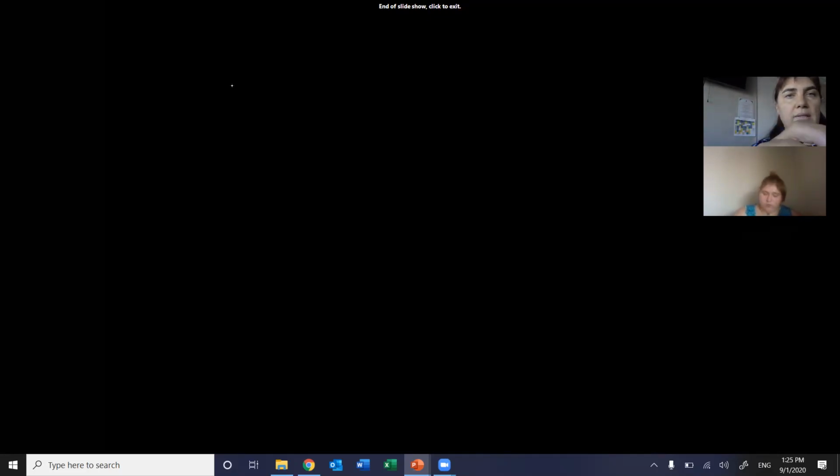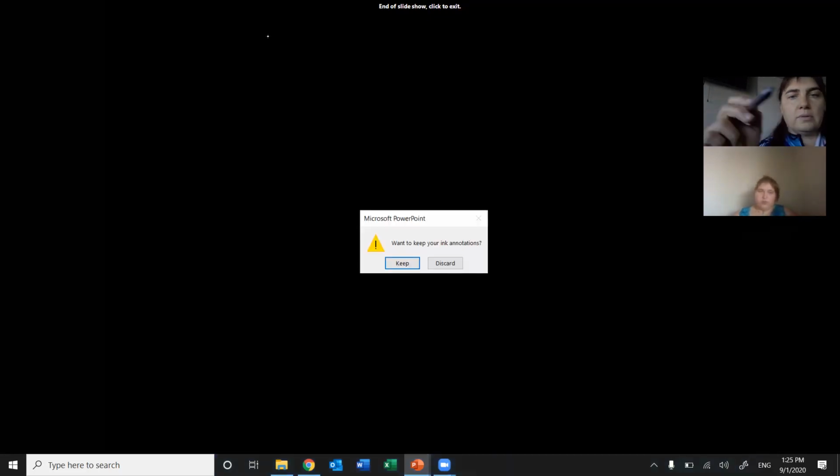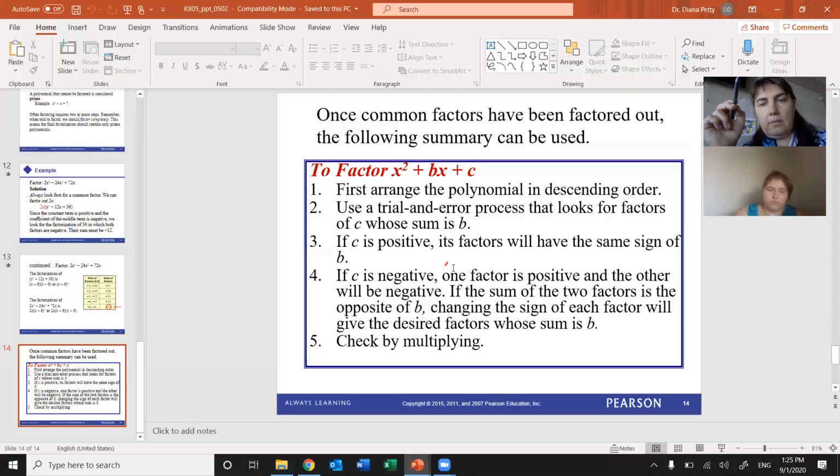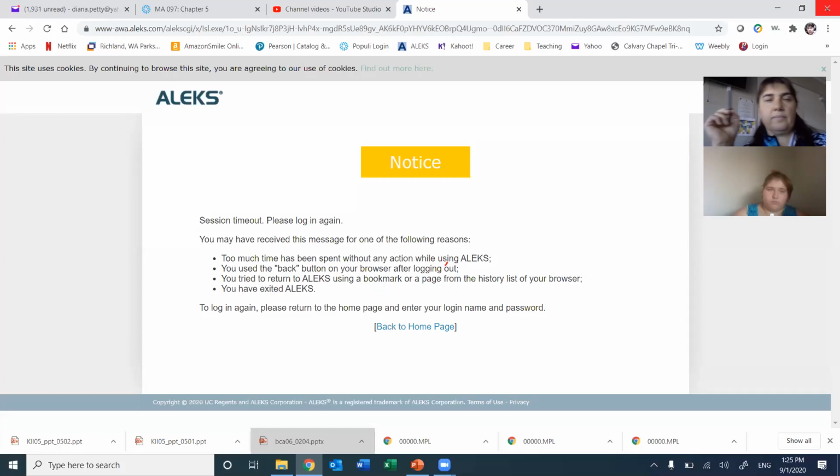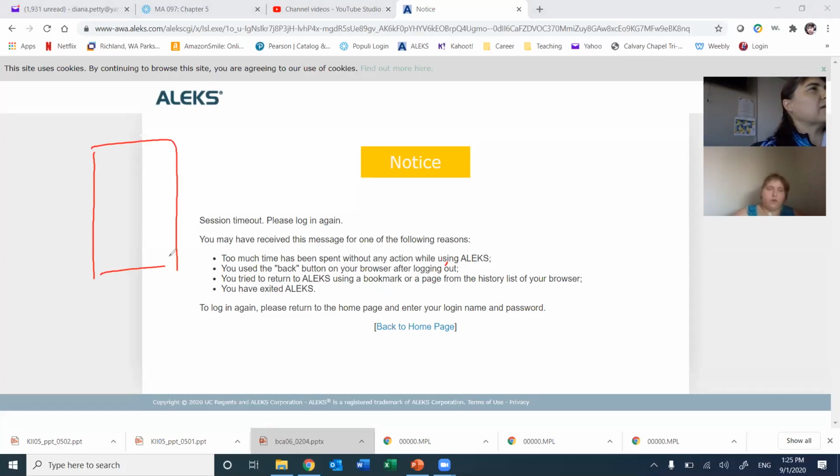When you open your Alex, my version is not like yours, but you're going to have on the left hand side the menu. What does it say? Was it learn? What's the top one, Carissa?